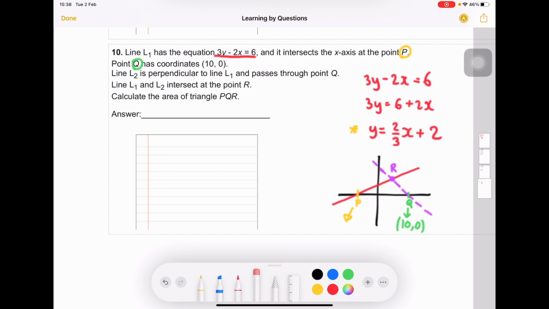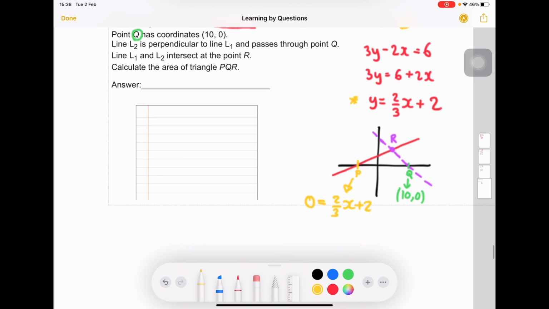It intersects the x-axis when y equals 0. So I'll write 0 equals 2 over 3x plus 2. So that's 2 over 3x equals negative 2. So x equals, multiply both sides by 3 over 2. So that would give us negative 3. Right? Negative 3. So the coordinates of P are negative 3, 0.